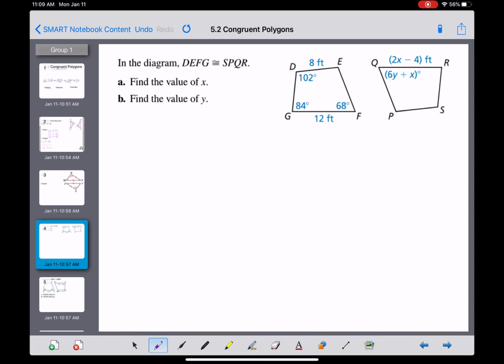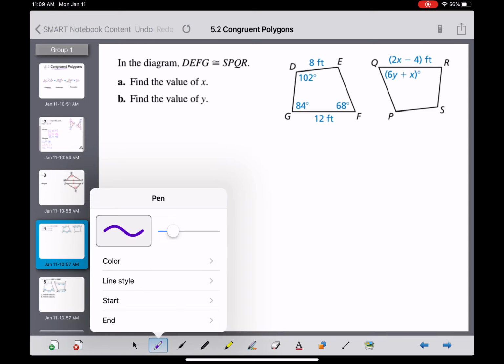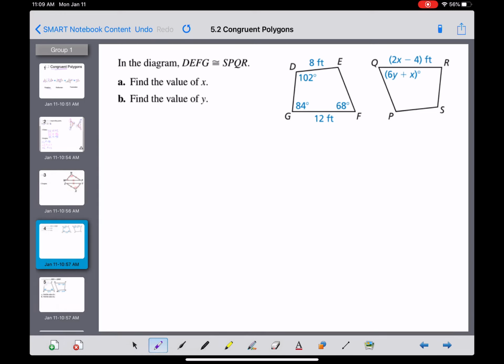So using this idea of matching sides and corresponding angles, we can set up equations in algebra to solve. So I have a congruency statement that quadrilateral DEFG is congruent to quadrilateral SPQR. My first task is to find the value of x.